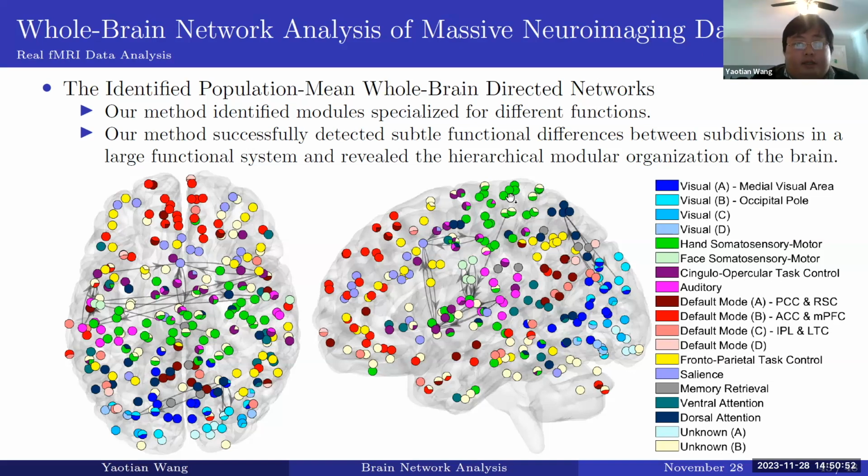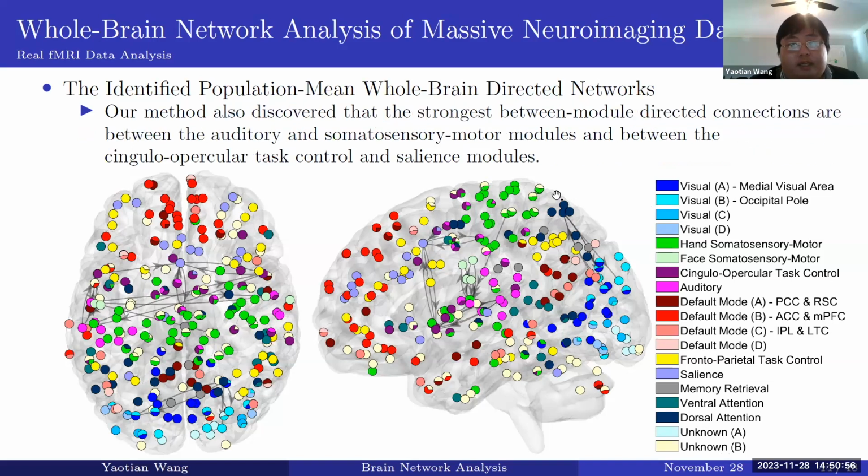So far, I have introduced our results of the module identification. Now I will show the results of directed connection identification. Generally, the strongest directed connections are between regions in the same module, or between regions in modules with similar function. For example, the several visual modules.